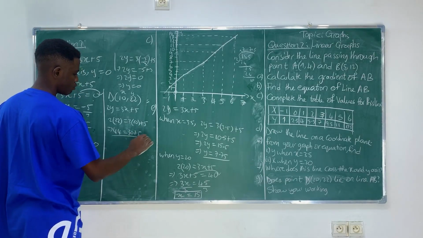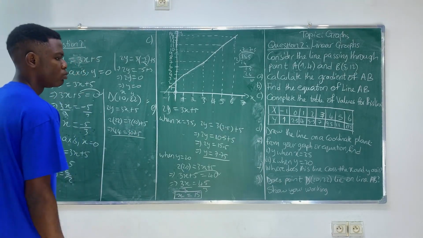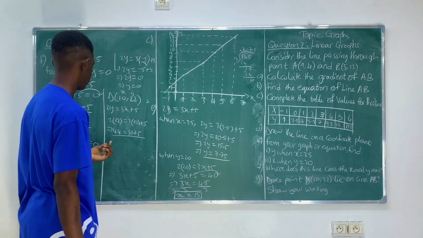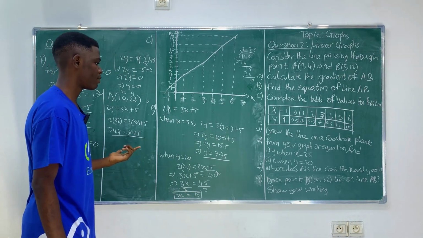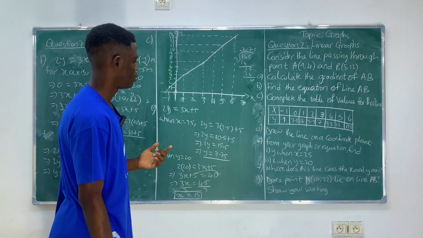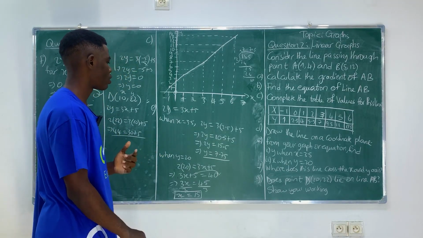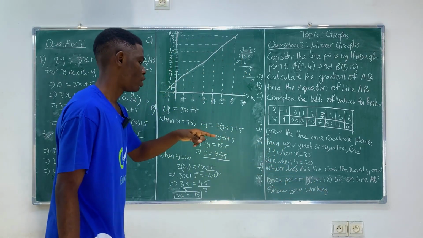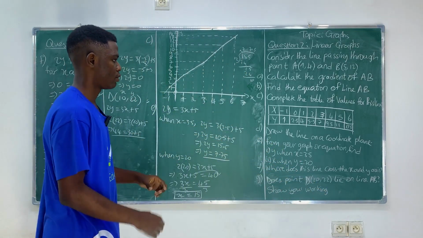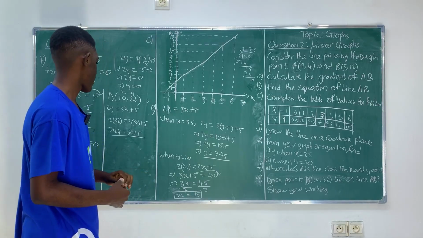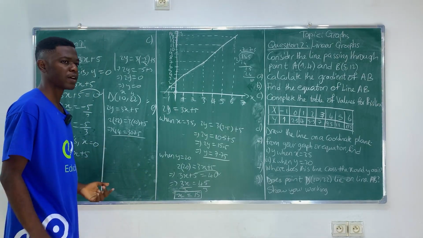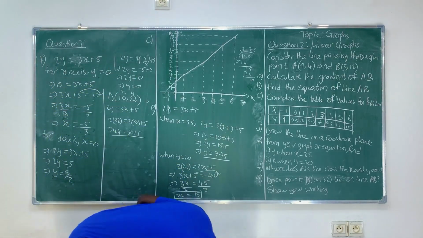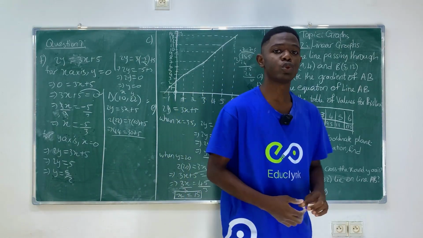Is that correct? No. 44 is not equal to 30 plus 5. Meaning it is just not correct. This point does not lie on the line AB, because 44 is not equal to 30 plus 5. So that was all for question 2.